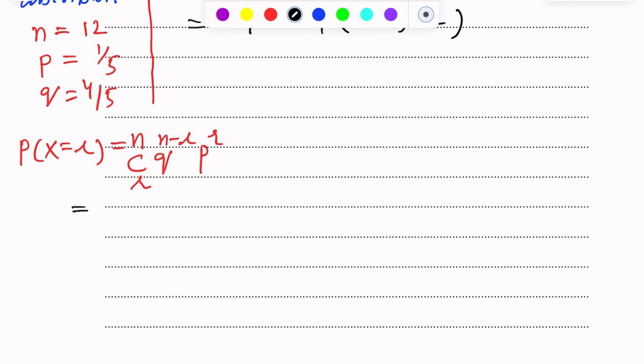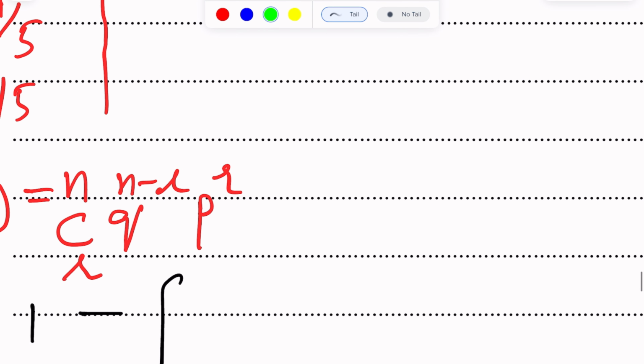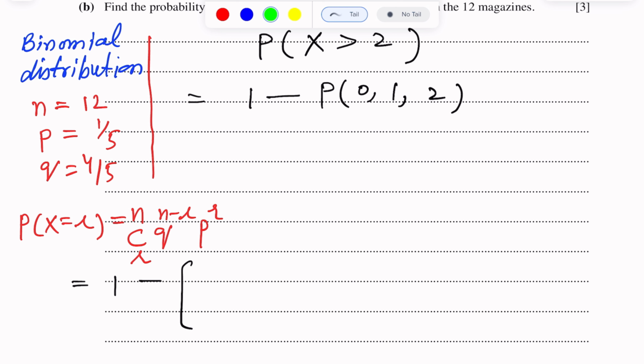So 1 minus 12C0, because first value of X is 0. So n is 12 in this formula and r is 0. So 12C0 times Q power 12, Q is 4 over 5.